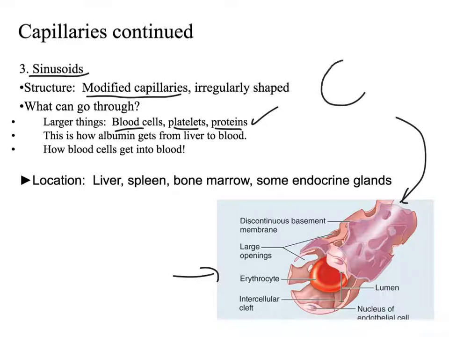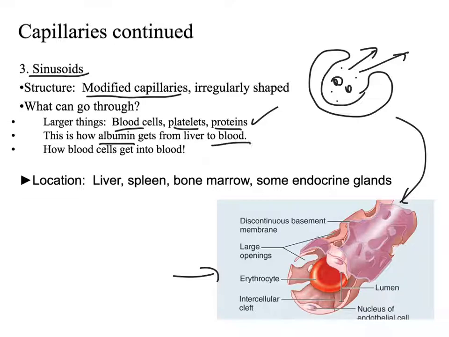If this is a blood vessel, it might have a hole like that so that the blood cells, the proteins, and anything in there can leave. This is how big molecules, like a protein called albumin, get from where they're being formed into the blood. This is how blood cells get into your blood.